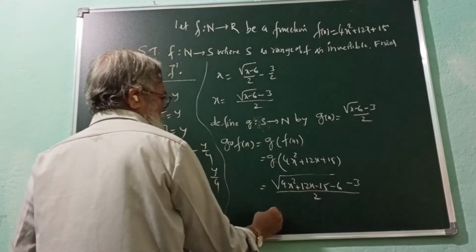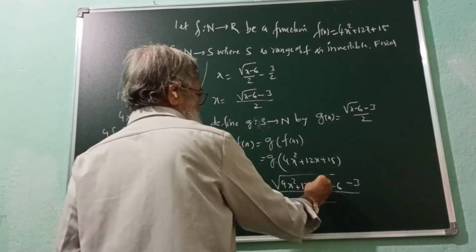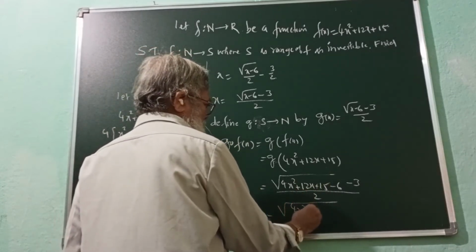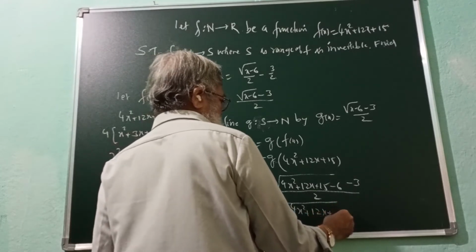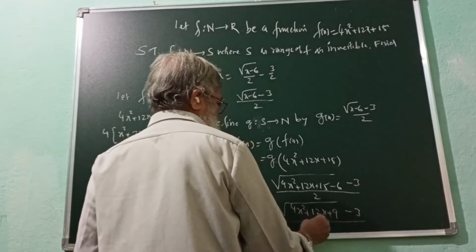You can see it is 4x square plus 12x plus 9, minus 3 by 2.